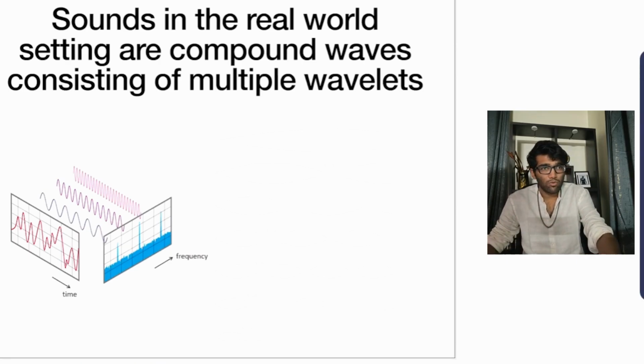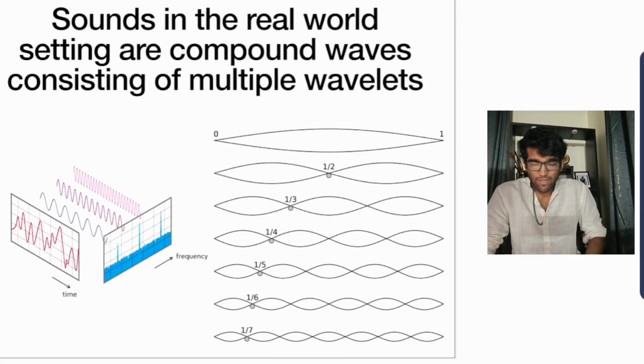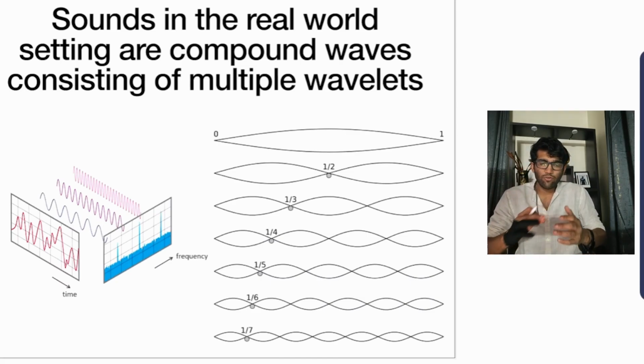Sometimes when sounds are deconstructed into multiple wavelets in Fourier analysis, essentially you can use an infinite number of frequencies to do so. But the range of human hearing is restricted to around 20 to 20,000 hertz. So we don't really have that range of frequency to deconstruct any random sound that we hear.